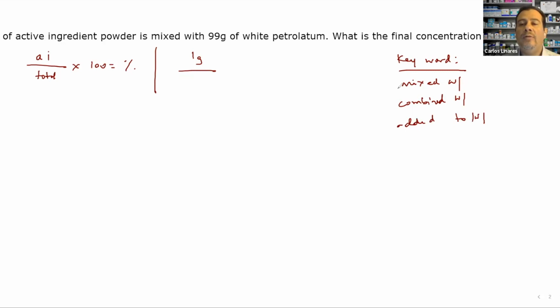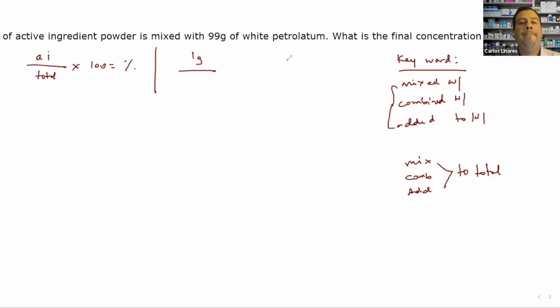Sometimes you might see all of these words, but it says mixed with to total. Let's say mixed with, combined, and added to total. And I'll show you an example of that.